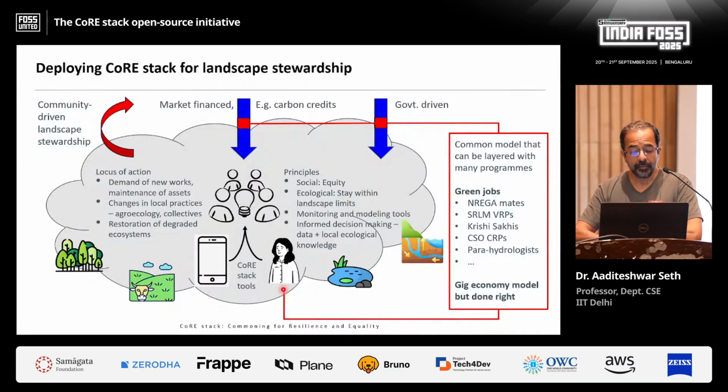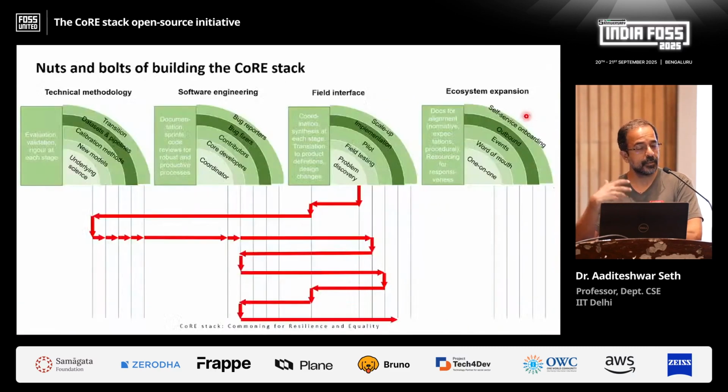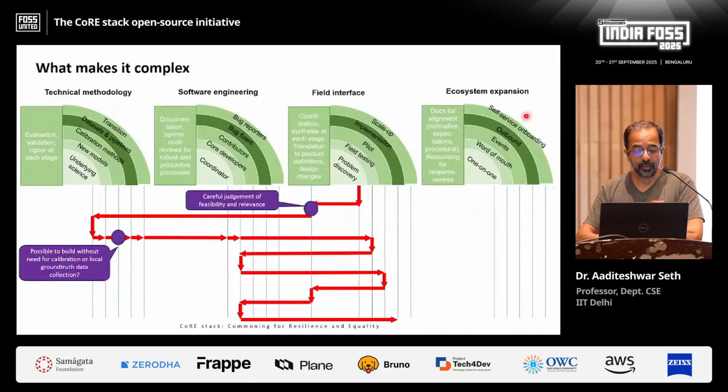Otherwise it is very difficult to retain talent in villages, talent which can do this kind of technical stuff. We've not started on this as yet. This is just theoretical, but we think it can be done. Our goal is to have 25,000 such stewards across India, one per panchayat that we want to work in, who can do all this.